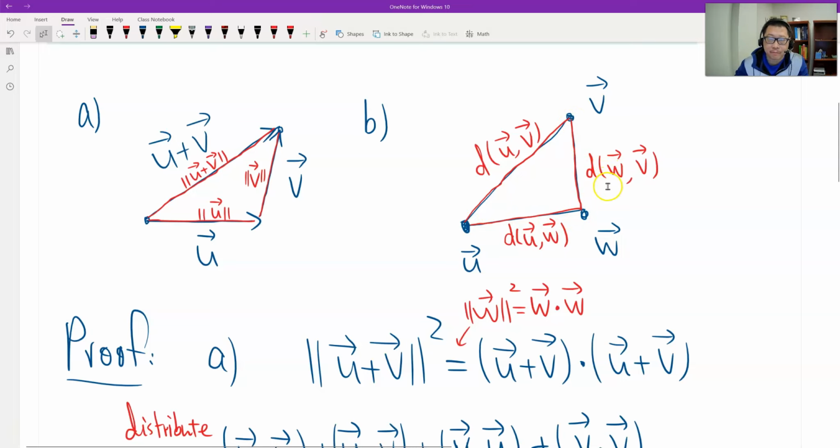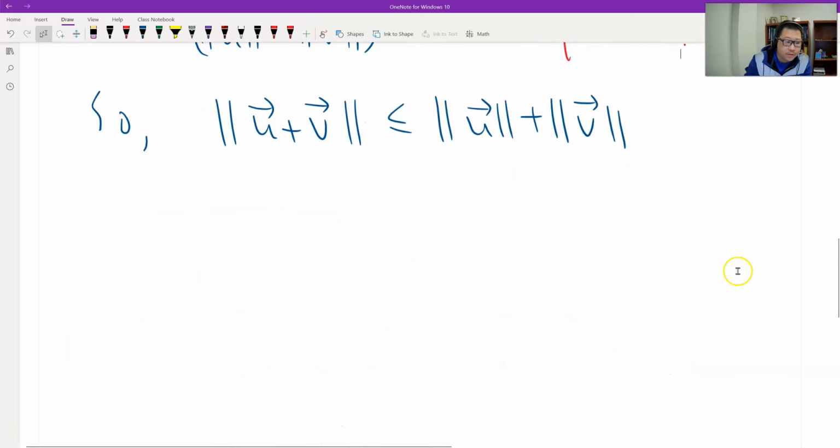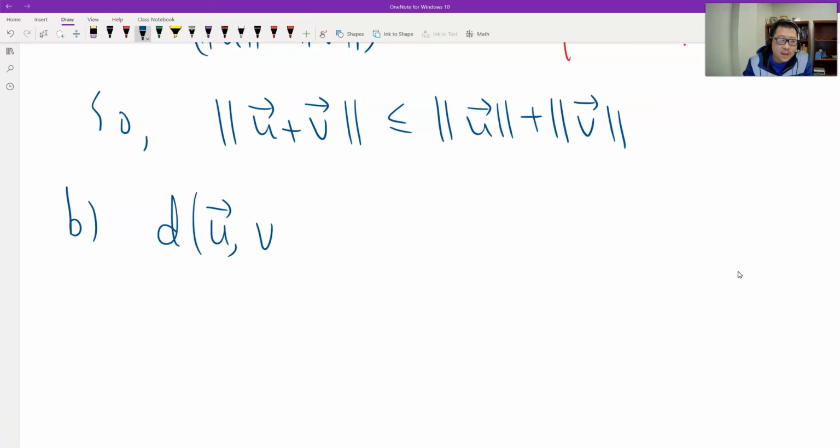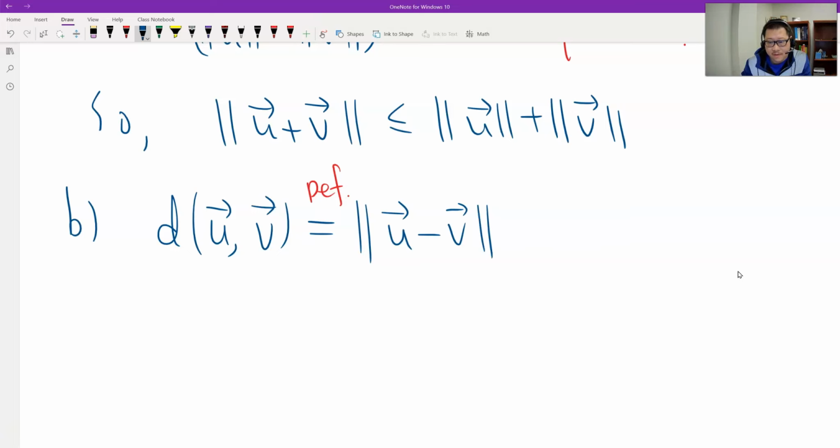The proof for B only needs the result we proved in A. Use the definition: the distance from the beginning to the end is the norm of the difference between these two vectors. This is the definition.